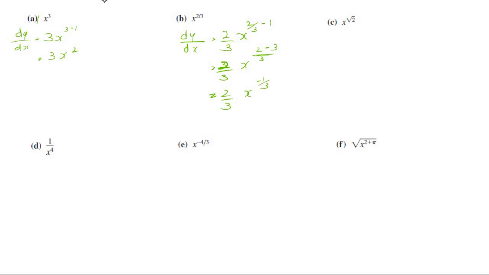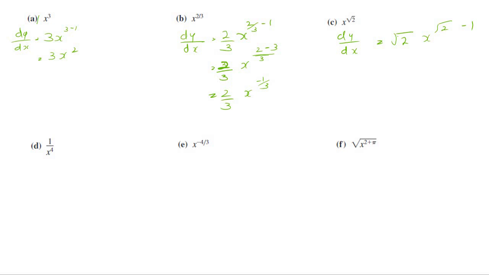Then let's look at this. y is equal to x to the power square root of 2. We can write that as square root of 2 times x to the power square root of 2 minus 1. That would be the power rule.